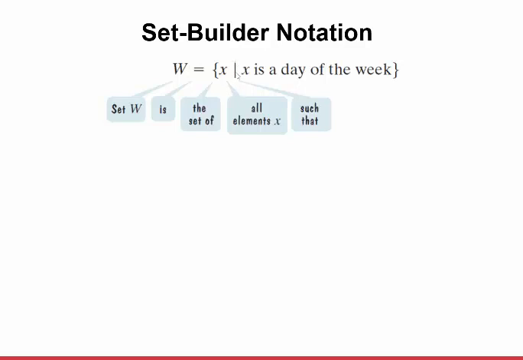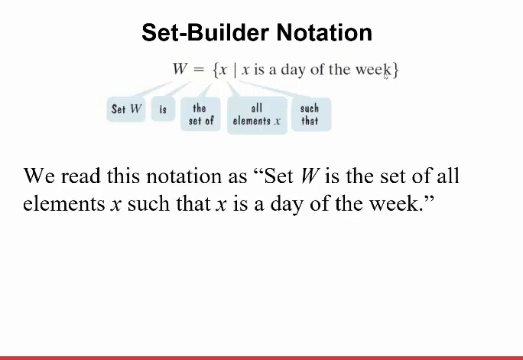When you see this vertical line in set notation, it means "such that." So what is x? x is the variable such that x is a day of the week. We read this notation as: set W is the set of all elements x such that x is a day of the week.